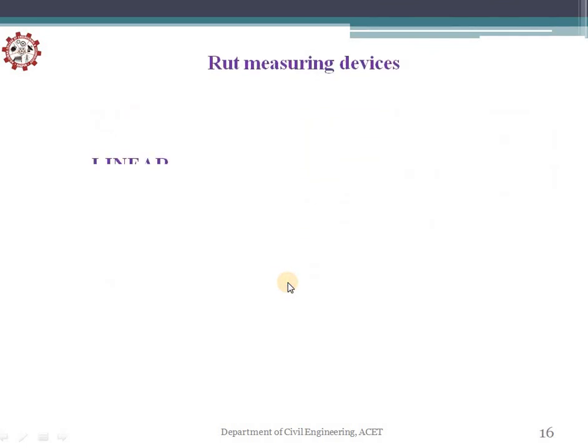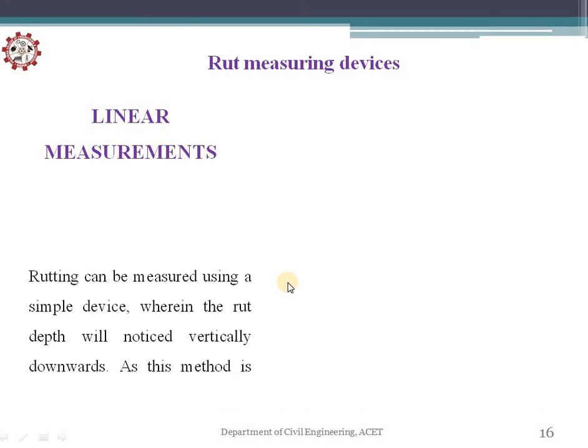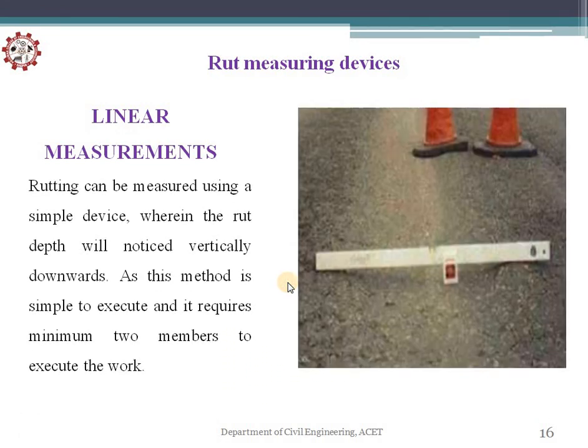Next is linear measurement. Rutting can be measured using a simple device wherein the rut depth is noted vertically downwards. The method is simple to execute and requires a minimum of 2 members. So this is the road, and if this is the undulation or unevenness, then this depth is measured and the rut measurement is done.